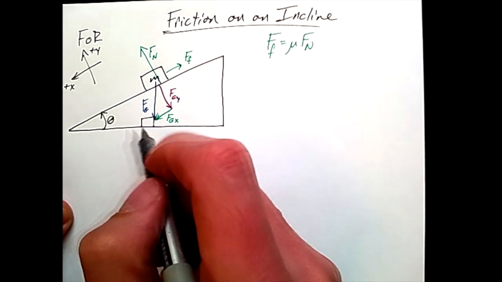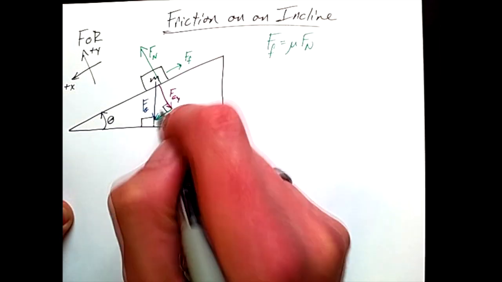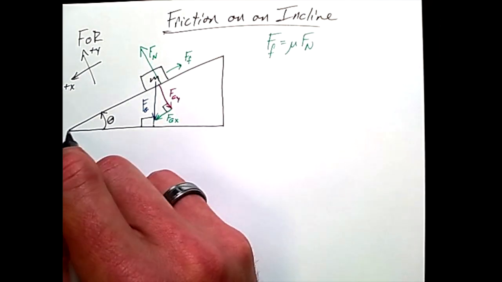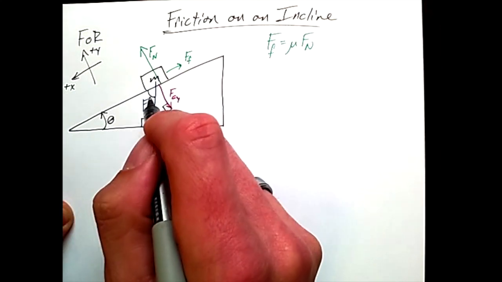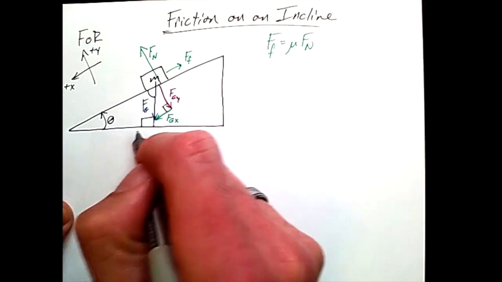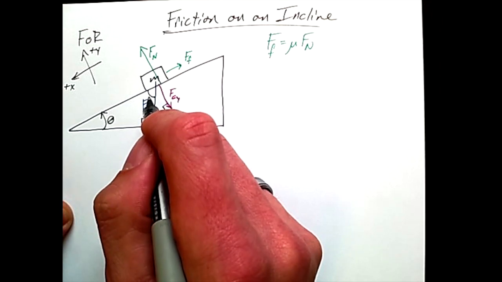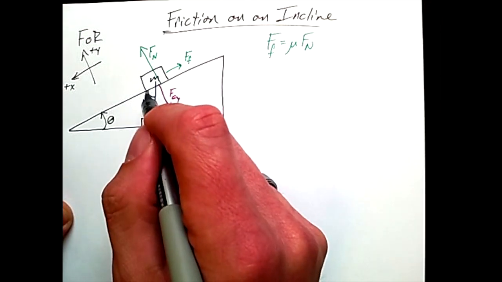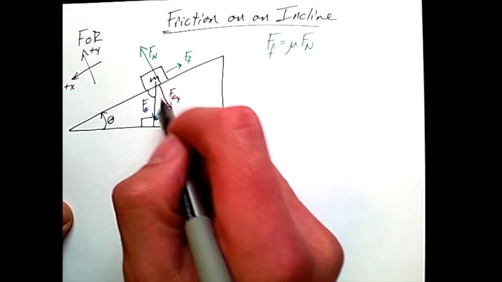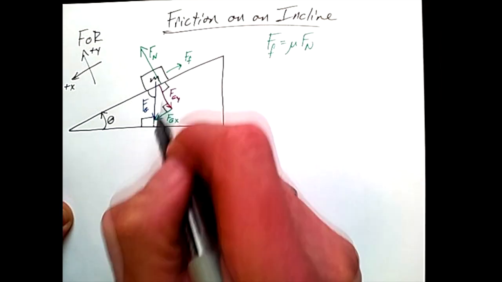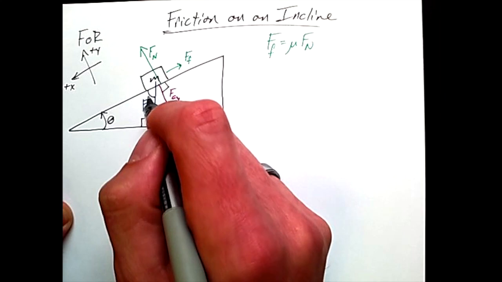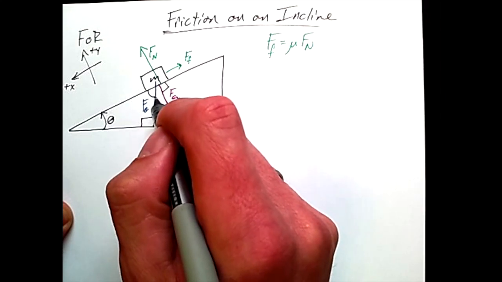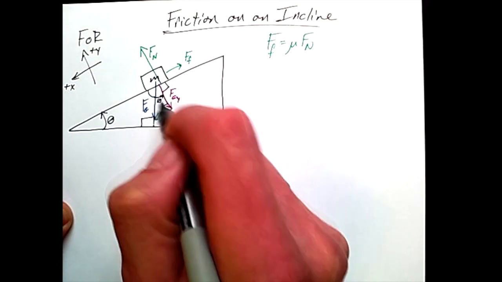If we analyze carefully, we'll see that the angle in this top corner of this triangle would be 90 minus theta. Also notice that the surface and F_gy are perpendicular, which means that if this is 90 minus theta, then this angle must be theta.